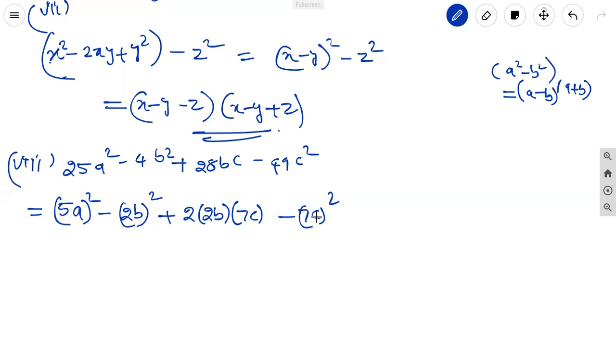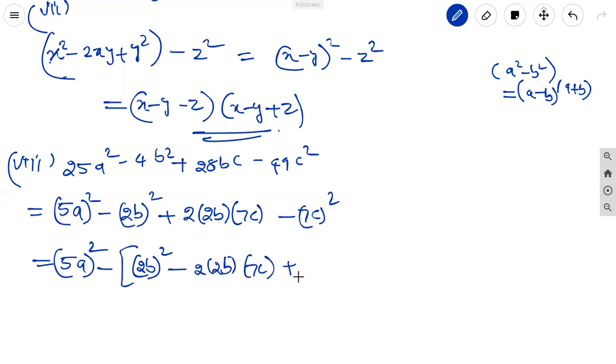Here just observe, the square terms have the negative. So we can write it as (5a) whole square. The other three terms, taking common negative, then it becomes (2b) whole square minus 2 into 2b into 7c plus (7c) whole square.